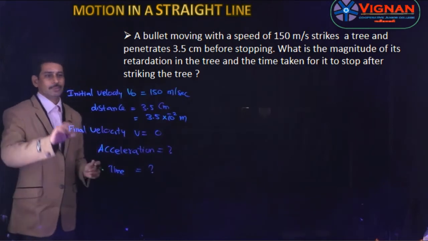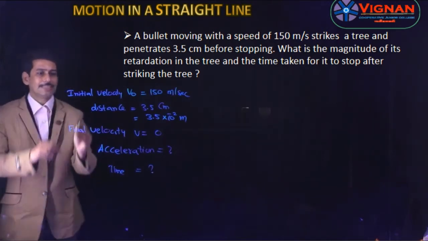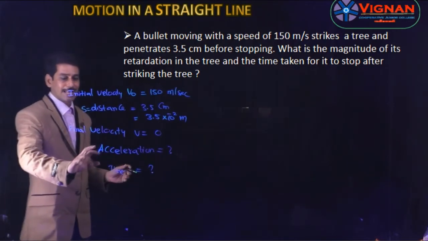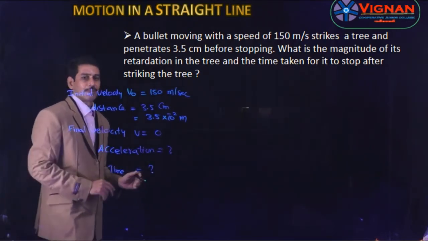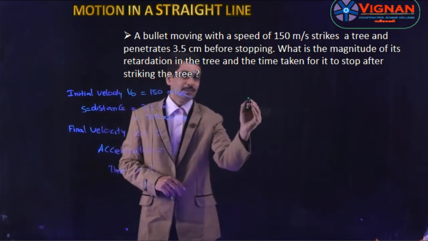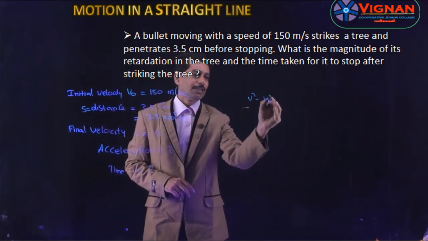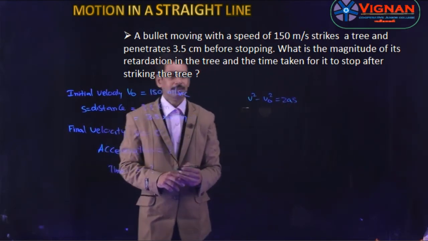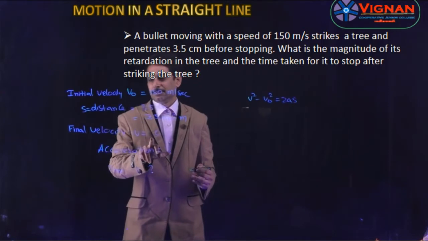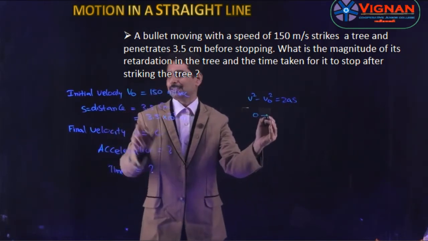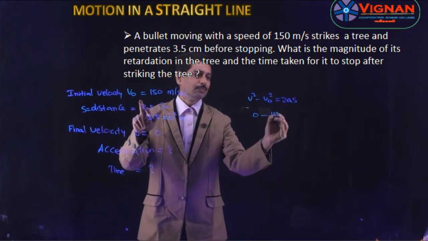For us v0 is given, distance s is given, and the final velocity we already know. So we are going to find the acceleration as well as the time. By using the equation v square minus v0 square is equal to 2as, here the final velocity is 0, whereas the initial velocity is 150 meter per second.